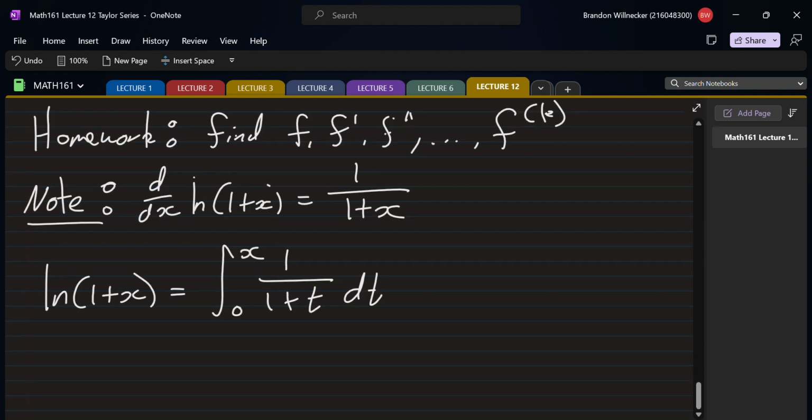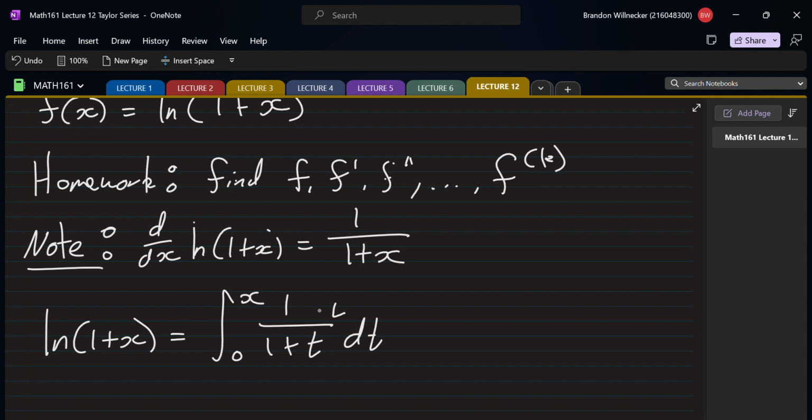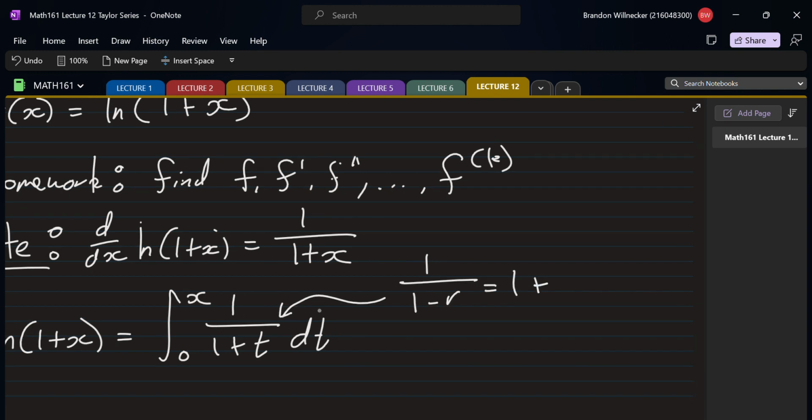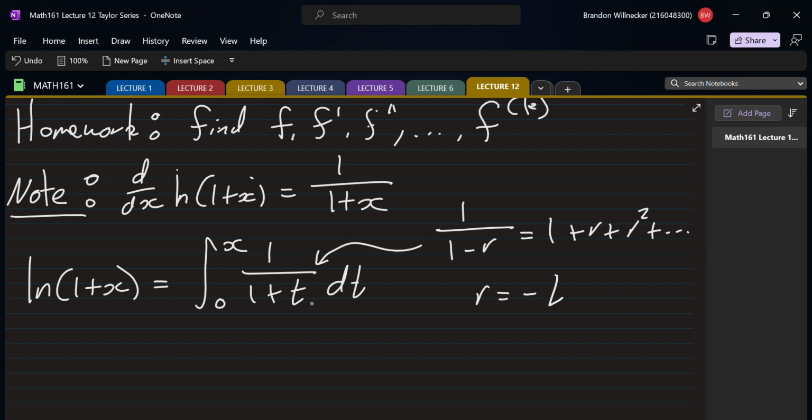But notice the inside of the integral, the integrand, is the sum of a geometric series. Remember that 1 over 1 minus r is 1 plus r plus r squared plus dot dot dot, infinitely many terms. That's the geometric series where we start at 1 and have a common ratio of r. But here we have 1 plus t, which means that our ratio is minus t.